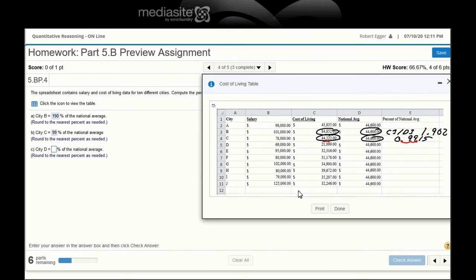D. Okay, so cost of living divided by national average, 21,099 divided by 44,600. 0.4730, or 47%.